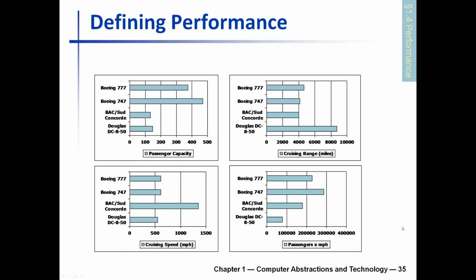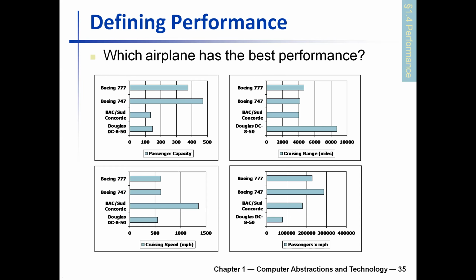And if the range also comes into the picture, we can come up with another combined measure to define performance. So the definition depends on our requirement, what we expect from our system.